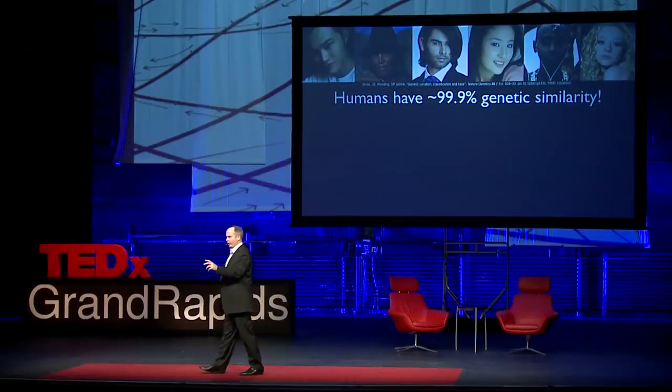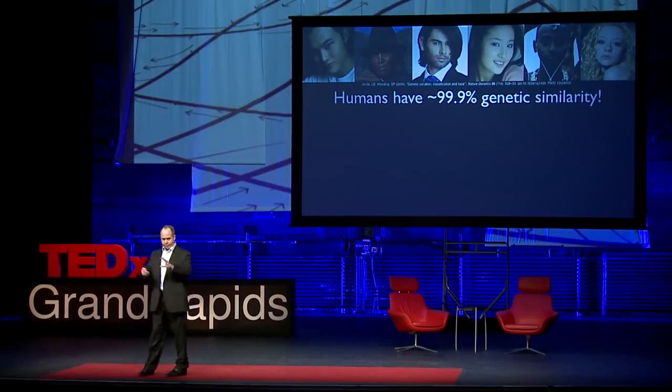Now, we share a common set of instructions to make us. But there's tiny variations in the order and organization of these A's, C's, T's, and G's. I mean, if you look around you, you will not find one person that looks like you, sounds like you, smells like you, whose body functions like you. And these differences, this variation in A's, C's, G's, and T's produces all the differences in the humans we see.